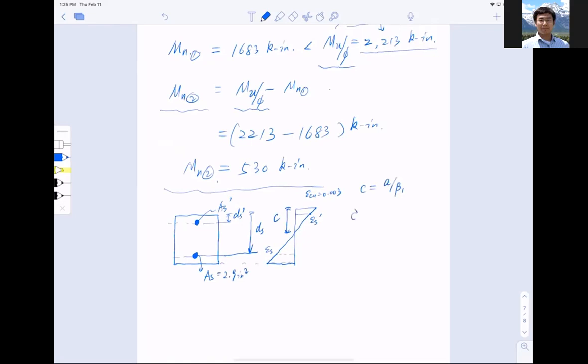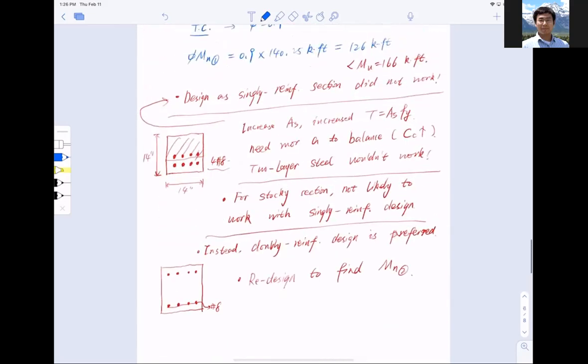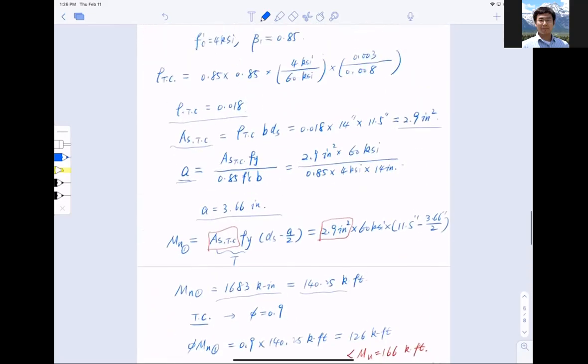And then what is a? Let's assume, let me put down here, assume a stays at the previous calculation. What is my previous a? If you scroll up here, it's 3.66.